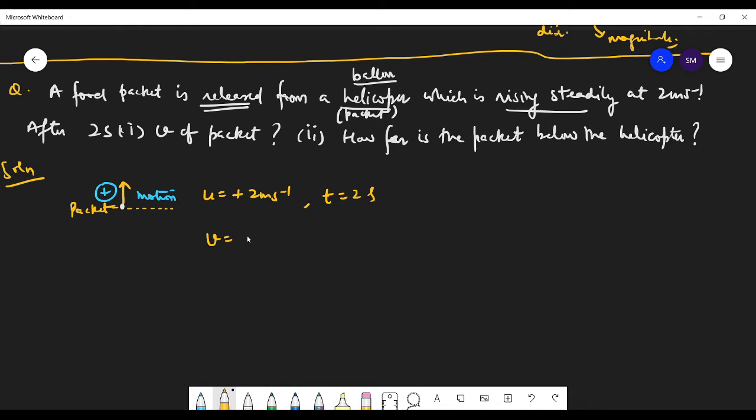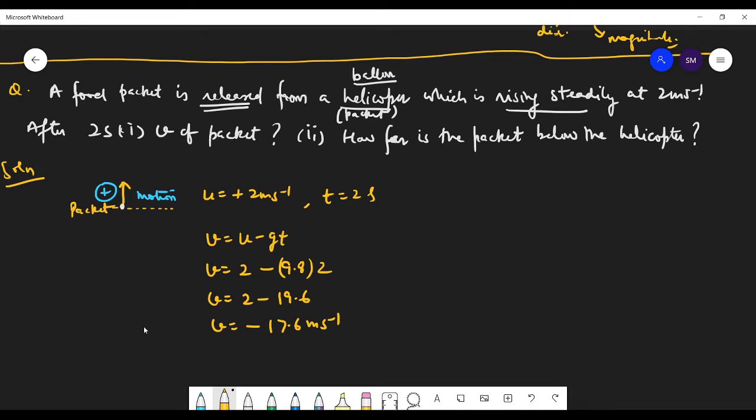So simple, v is equal to u minus gt, the fourth formula that we have just written. So v is equal to 2 minus 9.8 into 2.